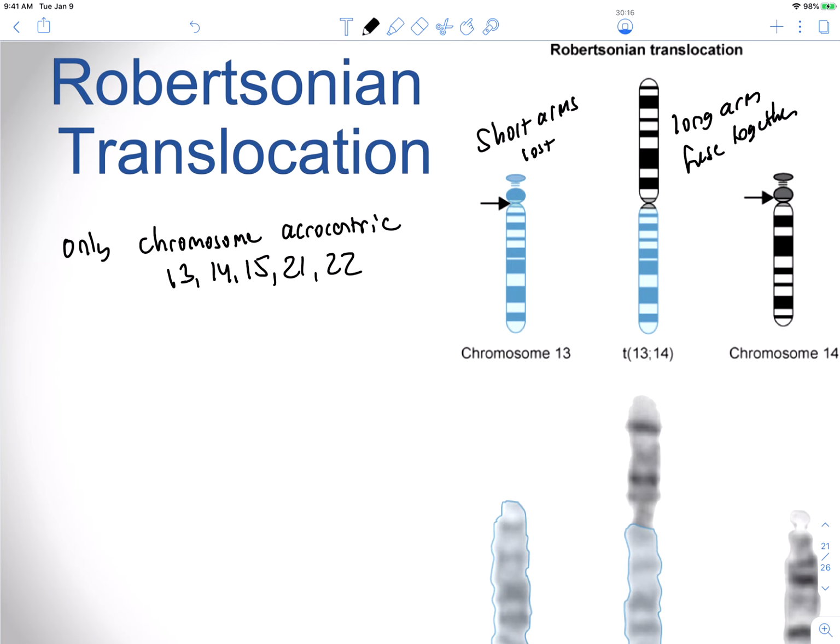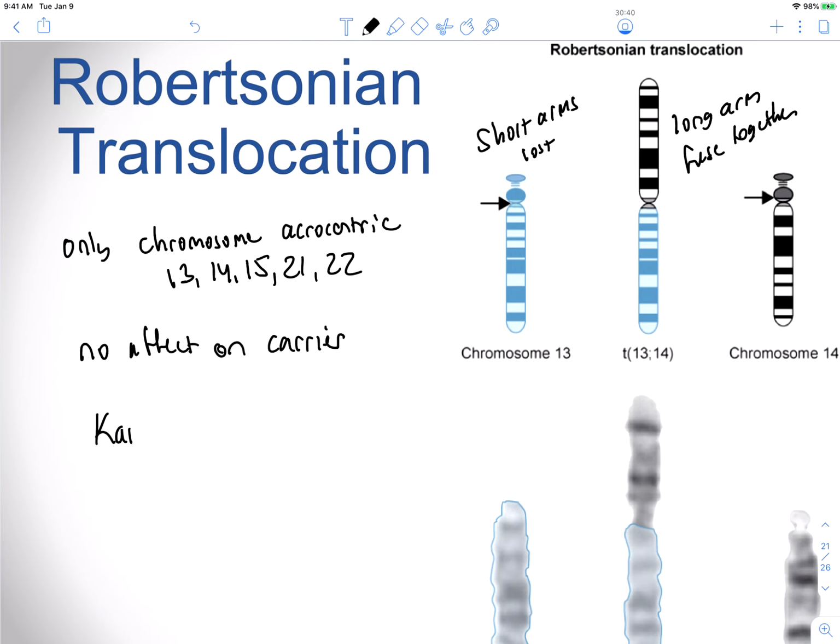Typically, you have no effect on the carrier, and that's because those short arms are very small and have no essential material. Your phenotype would then be unaffected. However, your karyotype would be changed.